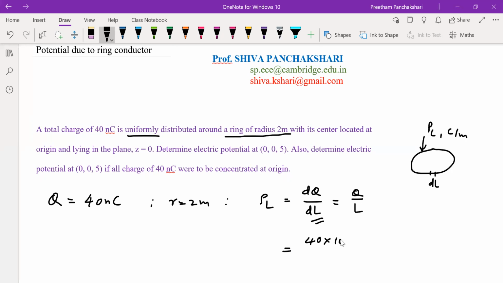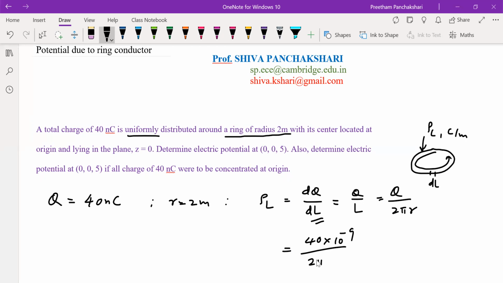So if we try in this way, we have 40 nanocoulombs of total charge distributed over the total length of the ring. The total length of the ring is the complete circumference of this circle, which is given by 2 pi r.